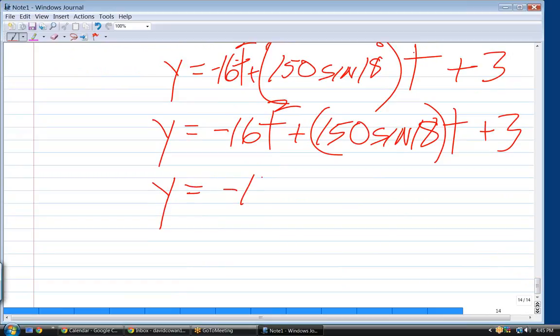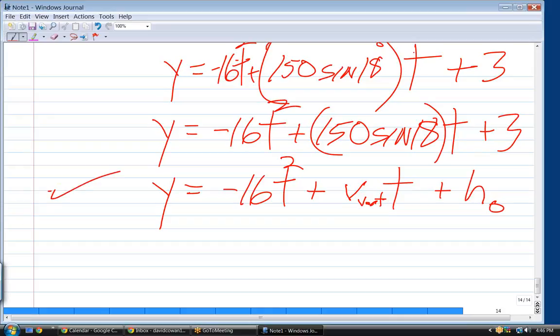I could generalize it by writing this, plus its vertical velocity, the vertical component of velocity, times time, plus its initial height. In other words, this is going to be the general parametric equation for the vertical motion whenever you're dealing with parabolic motion.